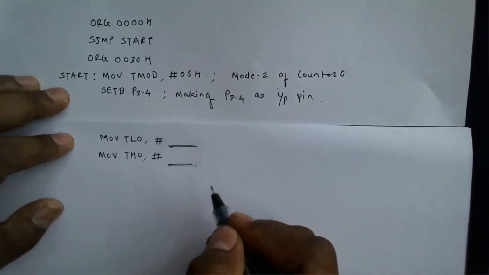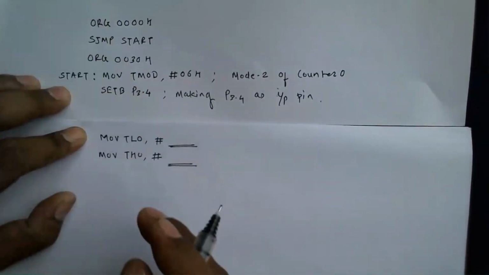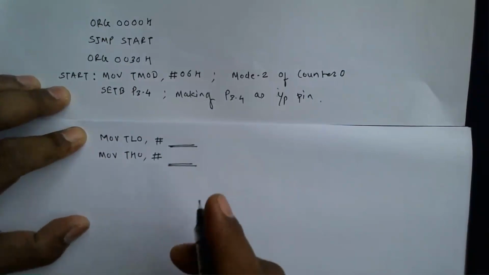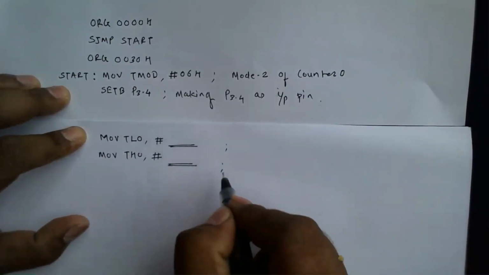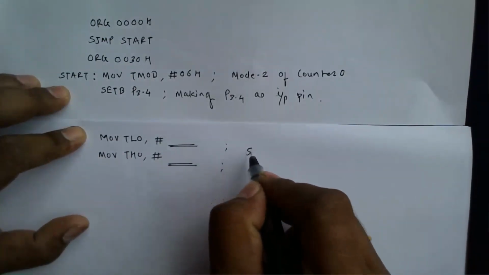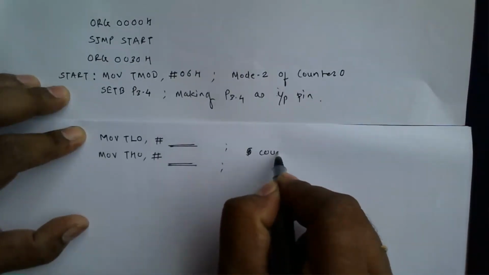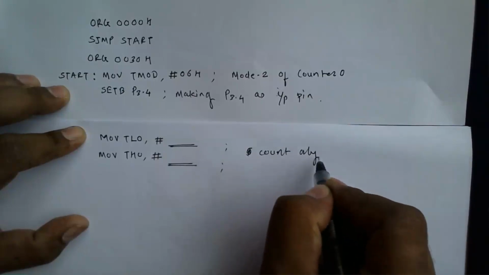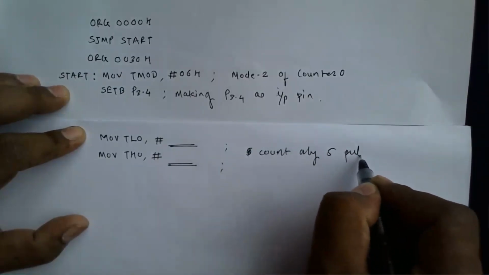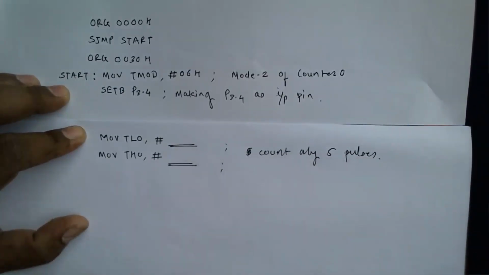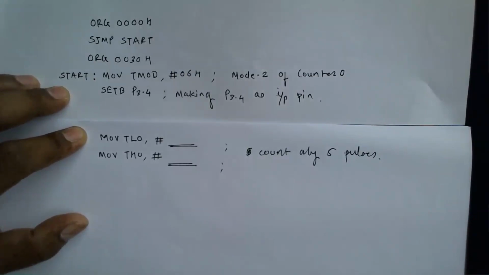Okay, अभी हमें क्या करना है? We want to count 5 pulses. So it is explicit that we want to count only 5 pulses, right? So how many pulses to be counted, ये हमारे पास दिया है, प्रॉब्लम में दिया है.